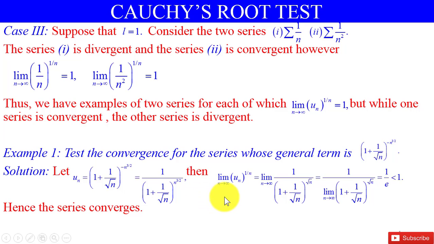Then limit n tends to infinity u_n^(1/n) = limit n tends to infinity 1 / (1 + 1/√n)^(√n) = 1 / limit n tends to infinity (1 + 1/√n)^(√n) = 1/e, which is less than 1.